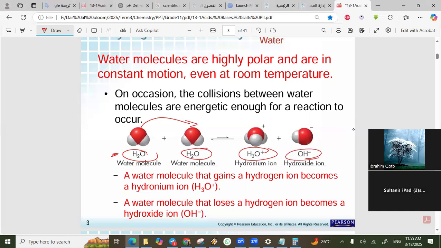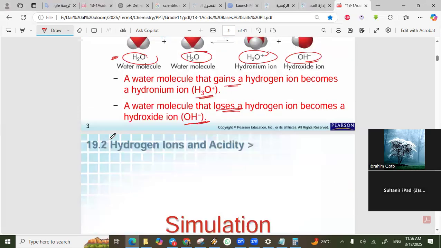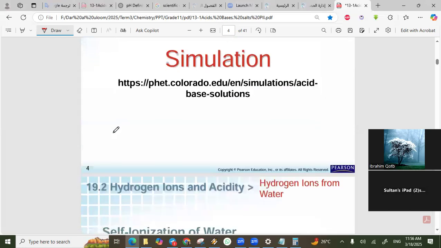So a water molecule gains hydrogen ion, becomes hydronium. A water molecule that loses hydrogen ion becomes what? Hydroxide. This cannot happen in many molecules, just a few molecules like water.